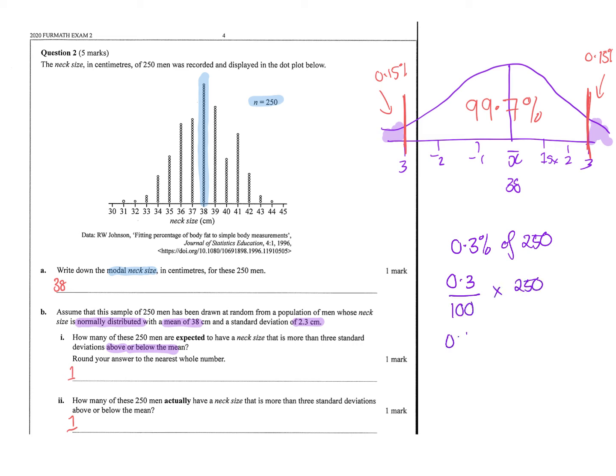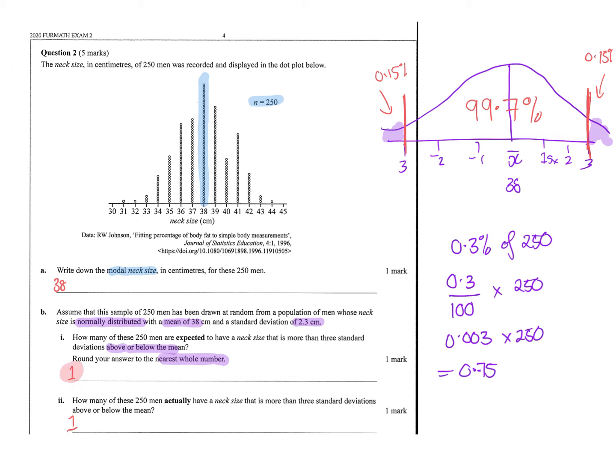So that will be 0.003. Just be careful with that. If you do that on your calculator, you get 0.75. But they've said round, and this is where it's important, to the nearest whole number. So 0.75 to the nearest whole number is 1.